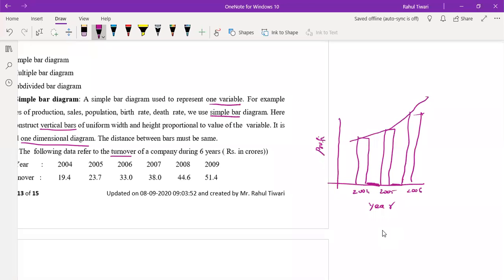So we have profit in crores, and you can put some bars like this. You can put a dot here if required; otherwise, it is not necessary. So this is called a simple bar diagram.